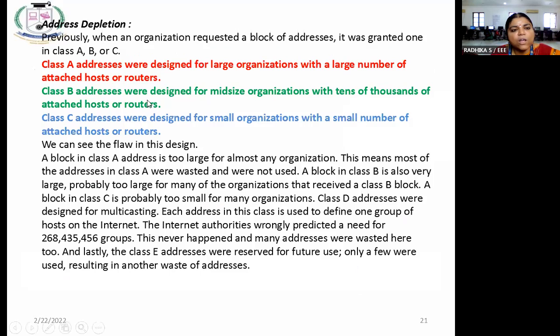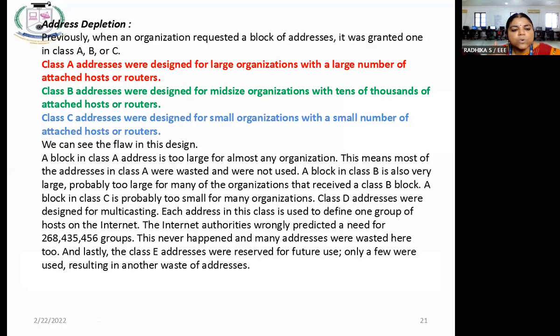So this is the flaw, and it is called address depletion. It means a block in class A is too large for any organization, which means a lot of addresses are wasted when they choose class A. Whereas with class B, any organization that received class B addressing also found it to be very large.